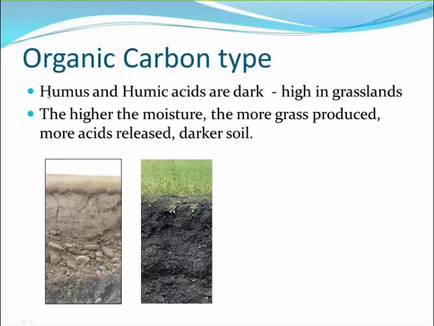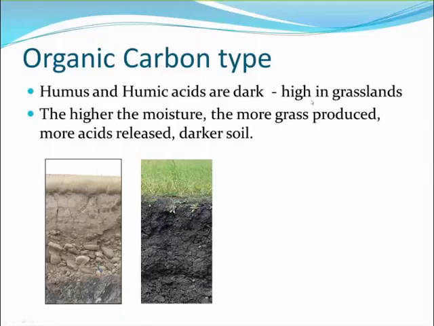The one on the right has a lot of organic carbon being produced and a lot of carbon being stored by that soil. So this soil on the right would be an example of an area that is humid and gets lots of moisture. The one on the left would be an area that is dry and gets very little moisture. And you can see the difference in the color of the topsoil because of that.